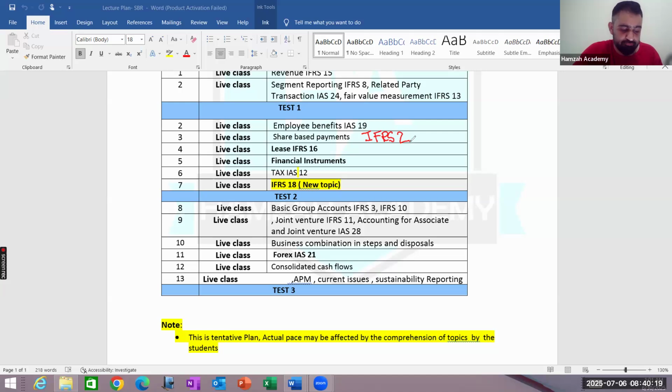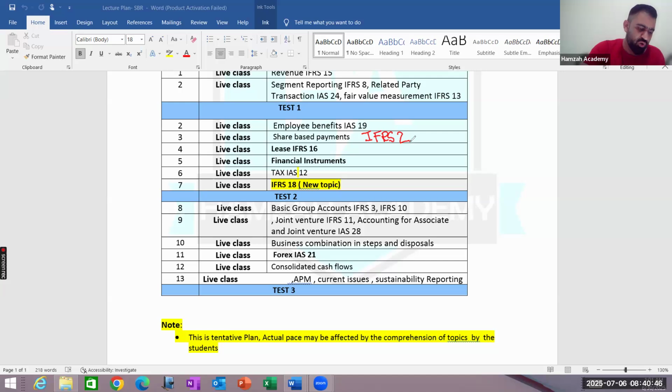Then we have financial instruments, in which we will learn about the accounting treatments of financial instruments, like trade receivables, trade payables, preference shares, ordinary shares, debentures, loan notes, convertible loan notes, derivative accounting, hedge accounting.